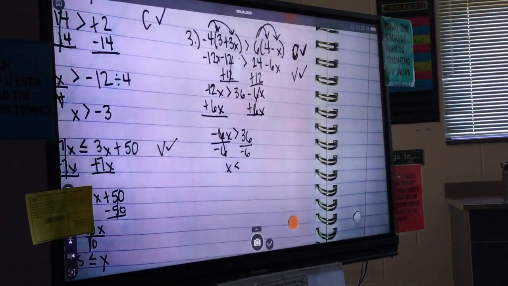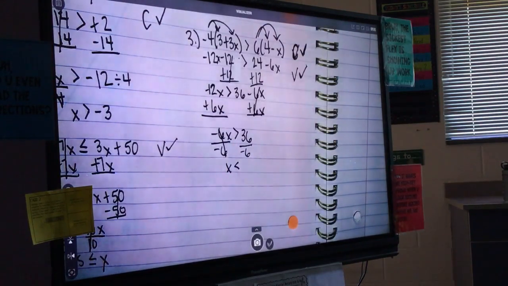No. I'm dividing by a negative, which means I flip my inequality. The last step in the directions. Guys, just because we're down here doesn't mean the entire top just dissolved into thin air. You have to look at the steps.